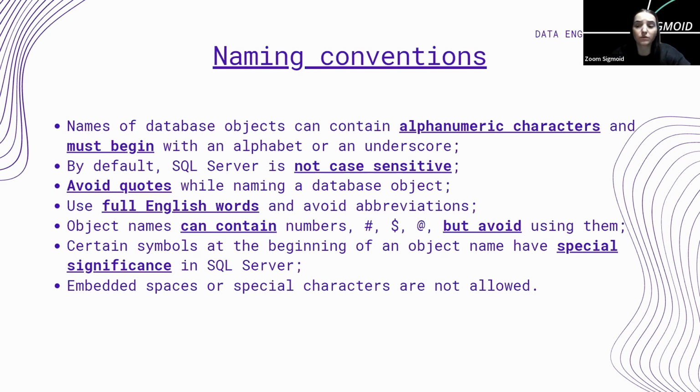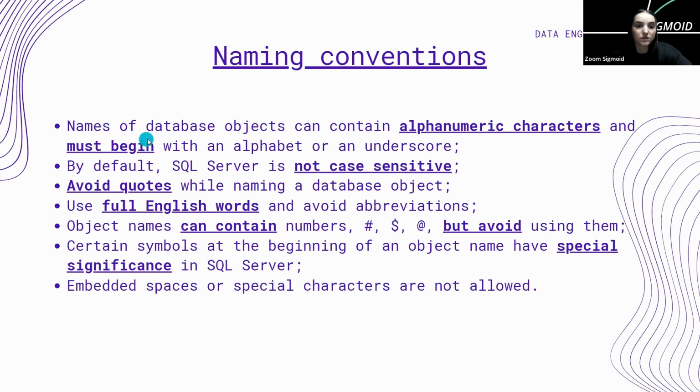So you will choose how to name all the objects, all the tables, all the columns, all the indexes, and so on. It is advisable to follow a single naming convention for all database objects. So if you use one type of naming, you use it throughout your database. Don't have one style for a table, let's say, and another style for the columns, and so on.